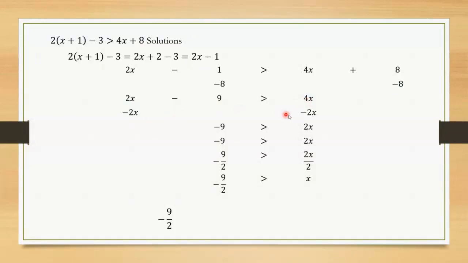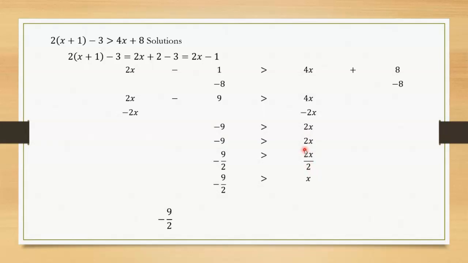Then we subtract 2x, as you can see, and so you get negative 9 greater than 2x. You can probably see why I proceeded this way, mostly because when we divide, as we're going to do now, I'm going to be dividing by a positive.